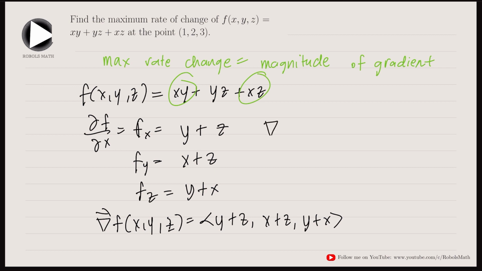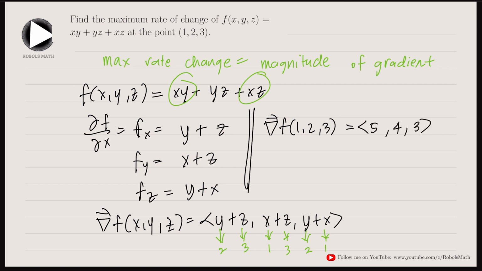At the point (1, 2, 3), x is 1, y is 2, z is 3. So the gradient is equal to (5, 4, 3). Okay?